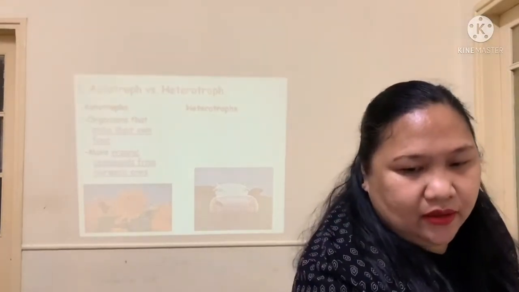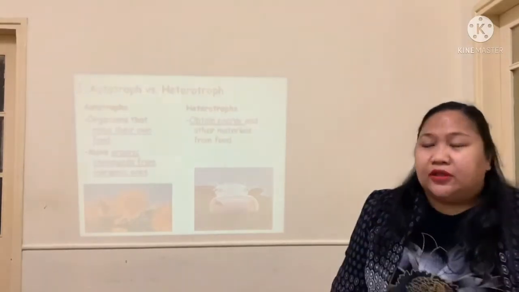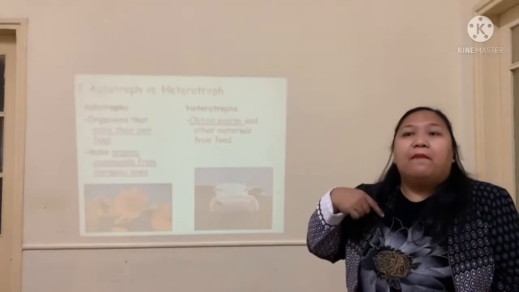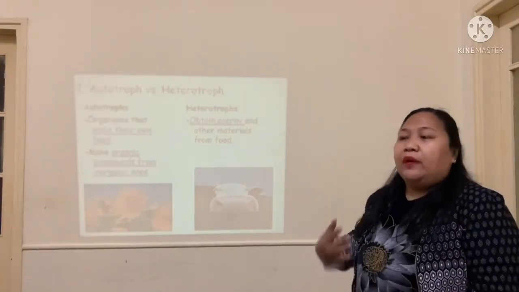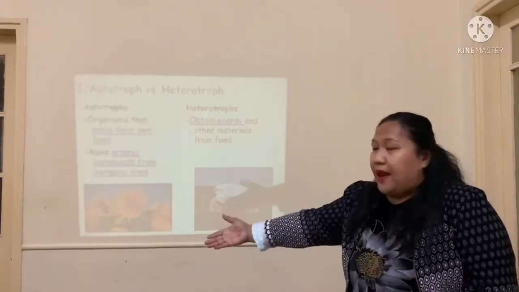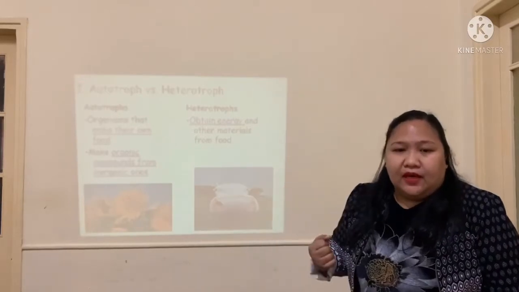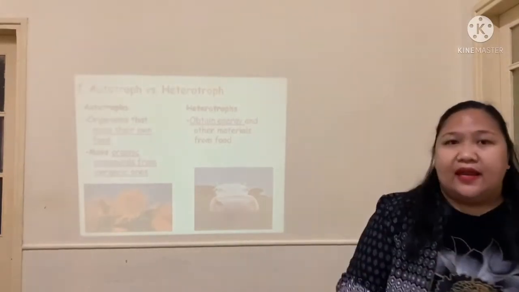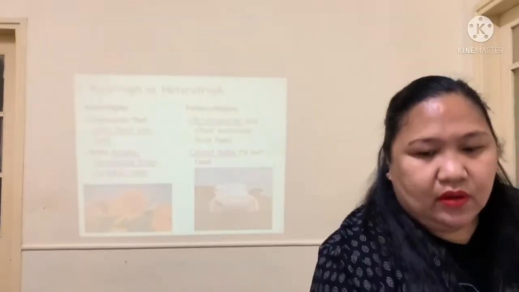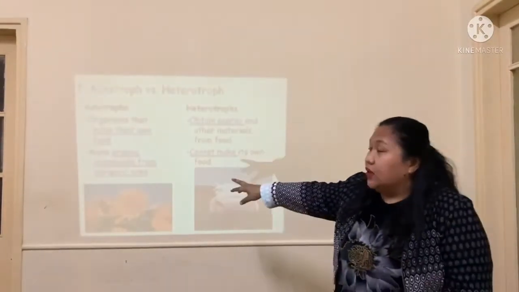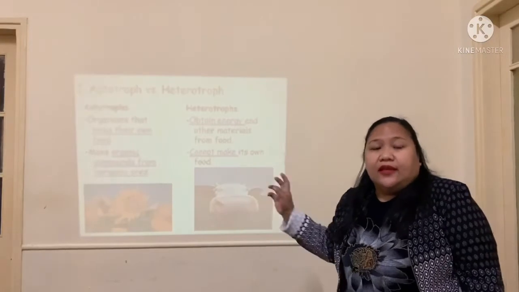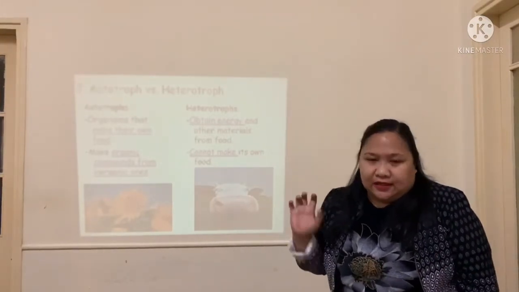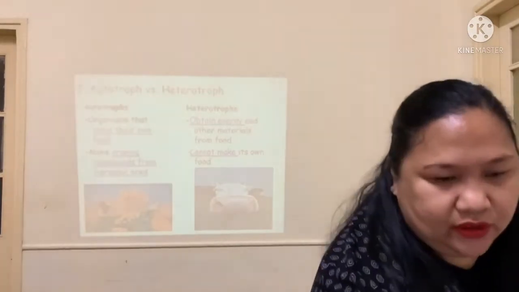So these heterotrophs obtain energy and other materials from food which were produced by the plants. And these heterotrophs cannot make their own food, unlike the autotrophs wherein they can make their own food. Is that clear? Yes, very good.